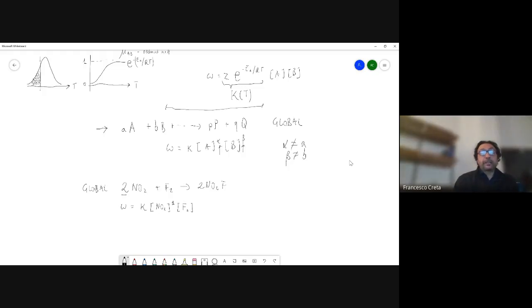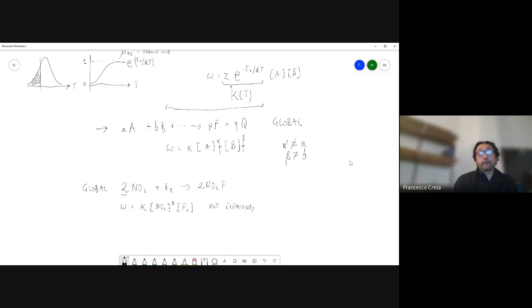So you see this cannot be an elementary reaction because alpha and beta are not equal to the stoichiometric coefficients. So not elementary.